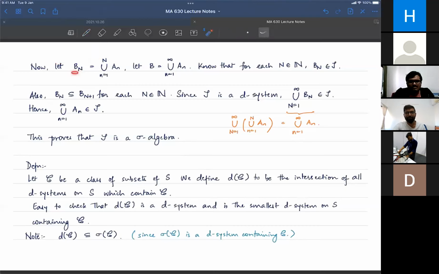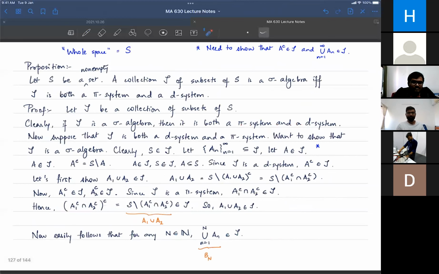All right, so let Bn be the union of An, going from 1 to capital N. And let B equal the union of An, going from 1 to infinity. I can certainly form these sets. I don't know whether they are in the family S or not, but I can certainly form them. But now wait, about Bn, I know that it is in S. Why do I know that?